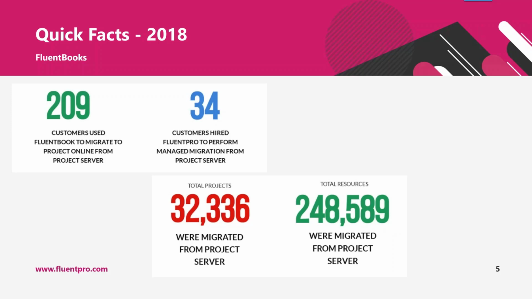In total, we migrated 32,000 projects and almost 250,000 resources from on-prem to the cloud. Our largest migration was about 5,000 projects for one of the large companies, and today Alona will show some cases where we have resources that usually number in the thousands that we move from on-prem to Project Online.